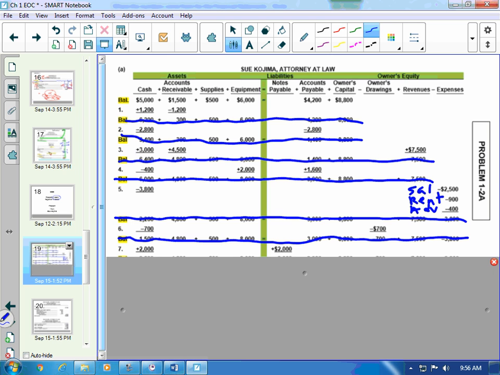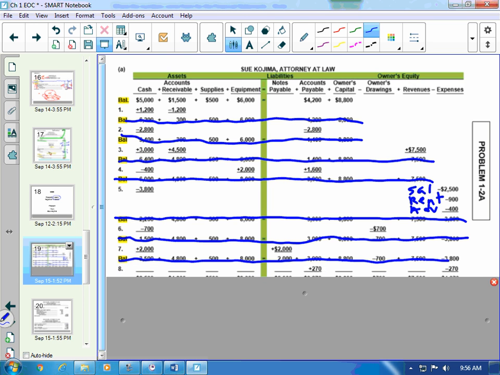Last one. You guys are rock stars here. Incurred. Boy, that seems like a weird word, doesn't it? Incurred utility expense for the month on account. So we had to pay the light bill, but did we pay it? The words on account are the hitch there.